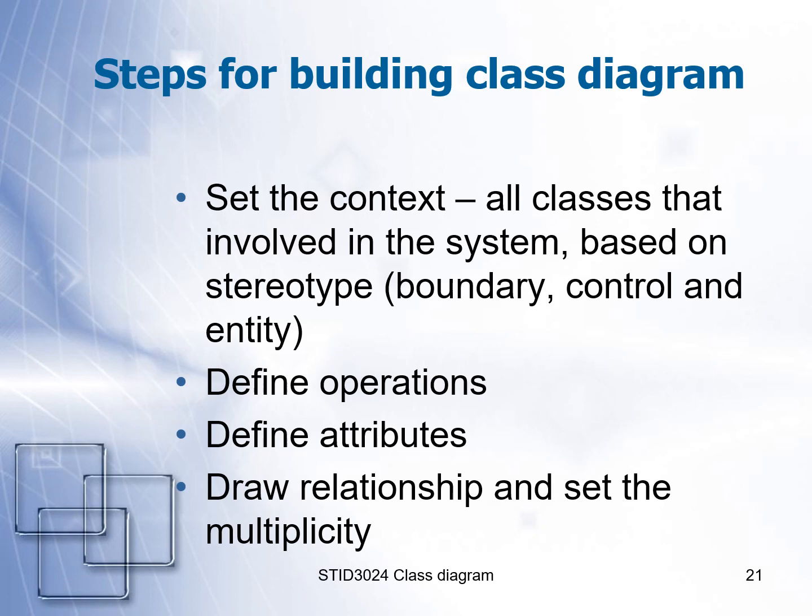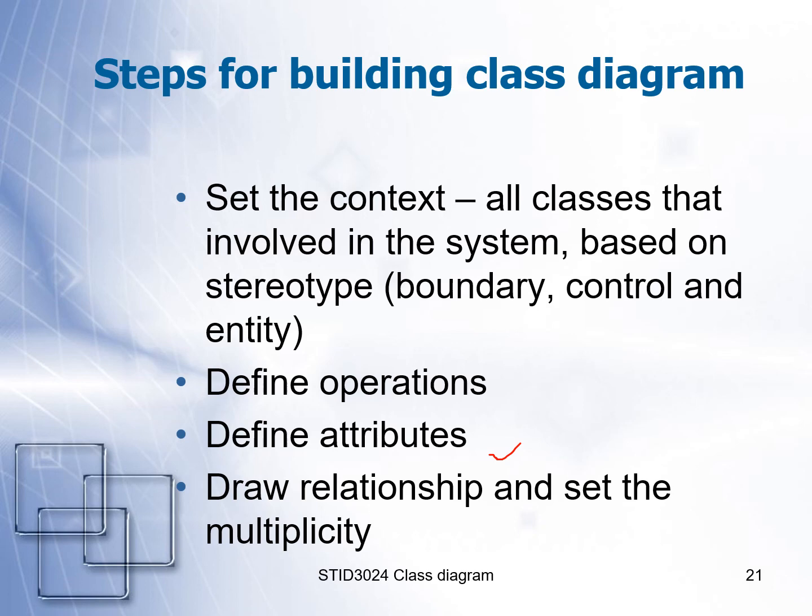And then the second step is to identify the operations. You should be thinking, okay, if I have this student class for this registration system, what kind of operations do I want the student class to have? So you can list them down. And in terms of attributes, you should be thinking, okay, I'm a student for this class, what kind of data do I want?